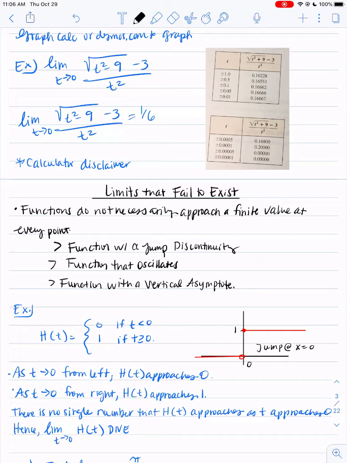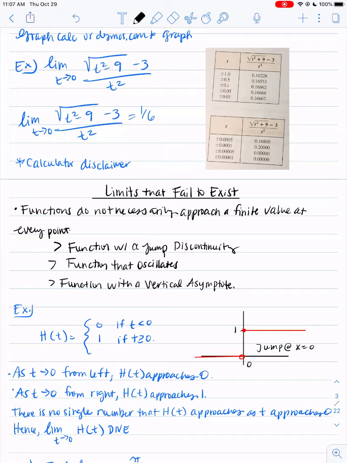So this doesn't mean that the answer is 0 instead of 1/6. The value of the limit is 1/6 in this case. The problem is that the calculator gives false values because our square root of t squared plus 9 is very, very close to 3 when t is small.